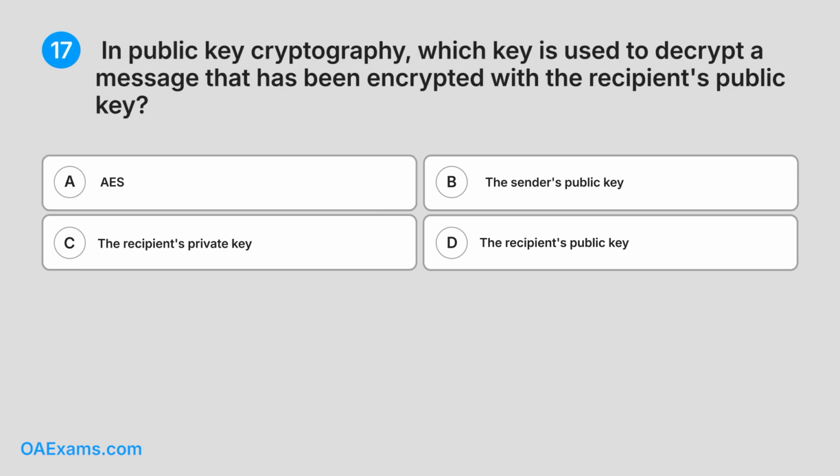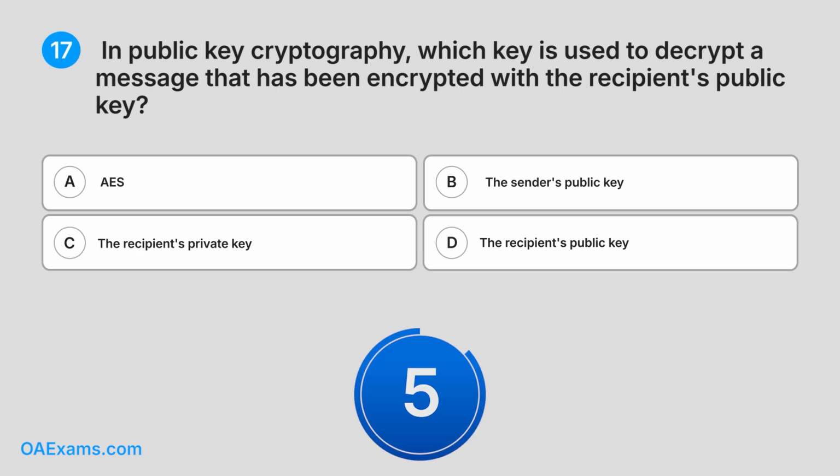17. In public key cryptography, which key is used to decrypt a message that has been encrypted with the recipient's public key? A. The sender's private key. B. The sender's public key. C. The recipient's private key. D. The recipient's public key. Do you know the answer?